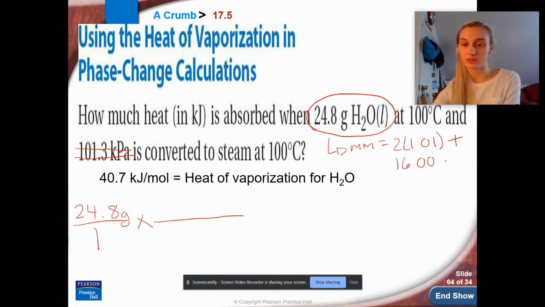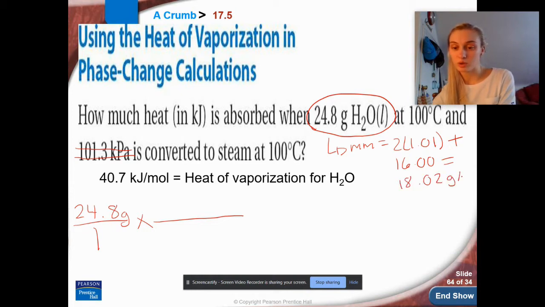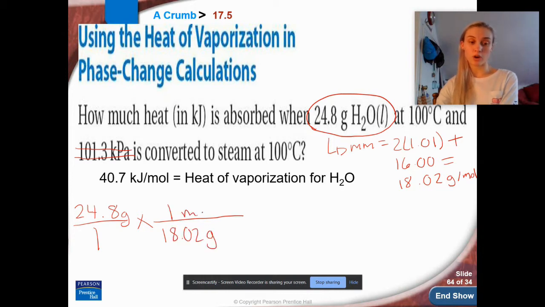I rounded oxygen's atomic mass. When we do that, we get 18.02 grams per mole. We have grams on the top, so I'm going to put grams on the bottom: 18.02 grams for every 1 mole of water.